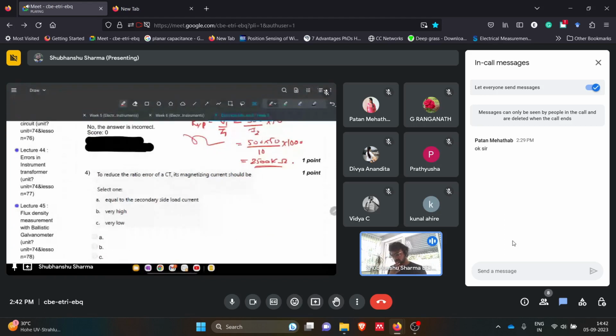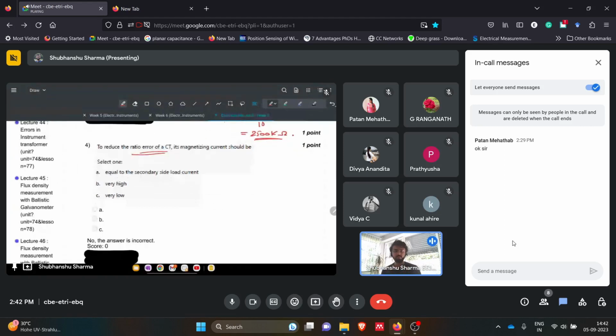Then the next question is, to reduce the ratio error of a current transformer, its magnetizing current should be what? If you see the phasor diagram, you saw this in your lecture. We have the winding resistance and the reactance part of the primary side coil, and because of this we have the magnetizing current.